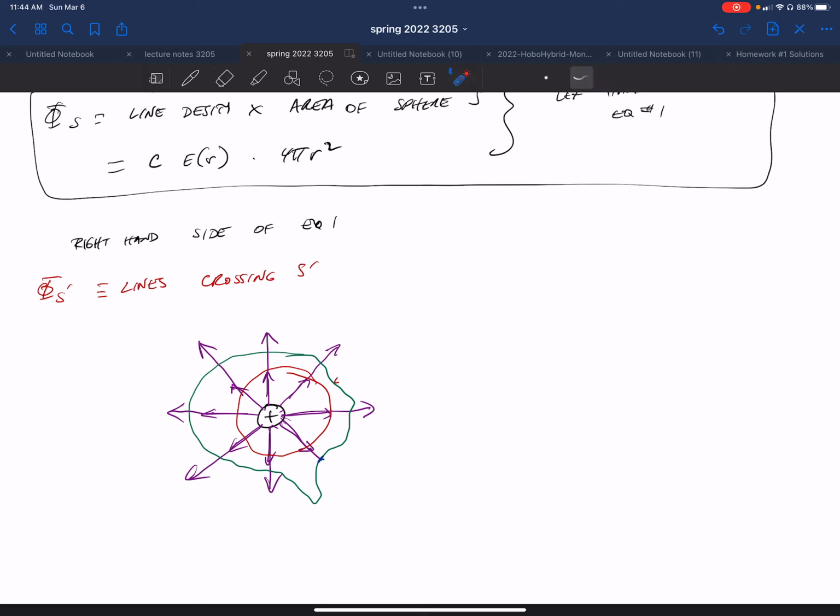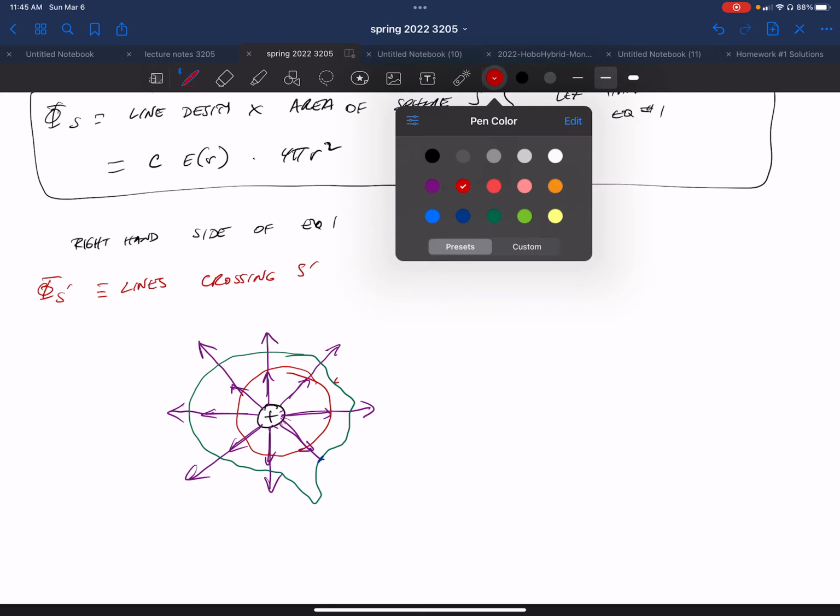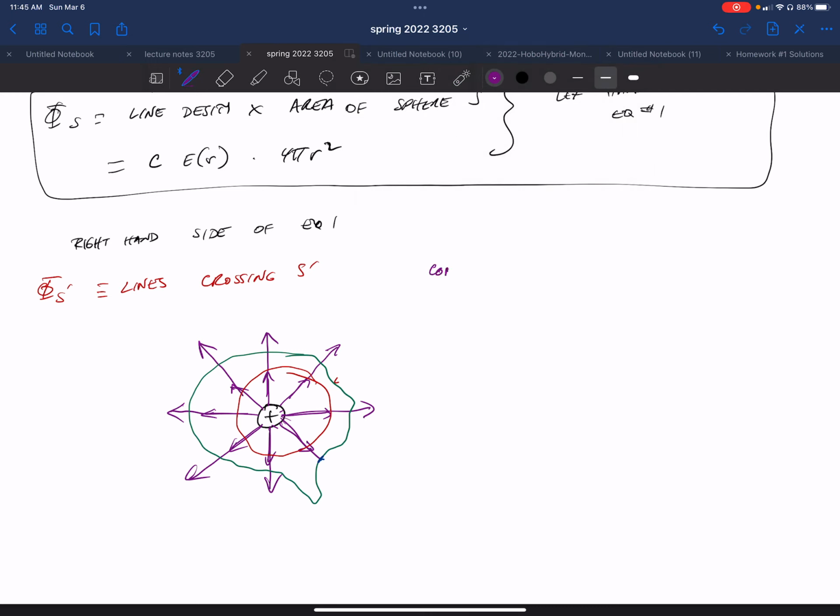This gets more complicated for a couple of reasons. Say, complications to figuring out phi sub s prime. The first complication is that the E field is not always perpendicular to the area vector.